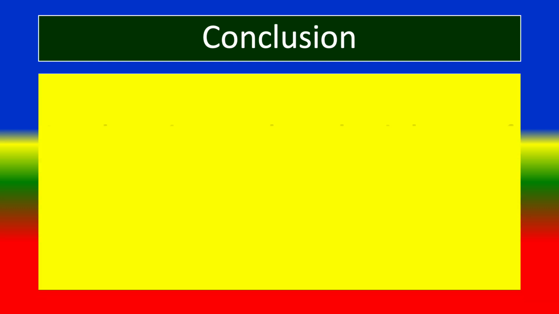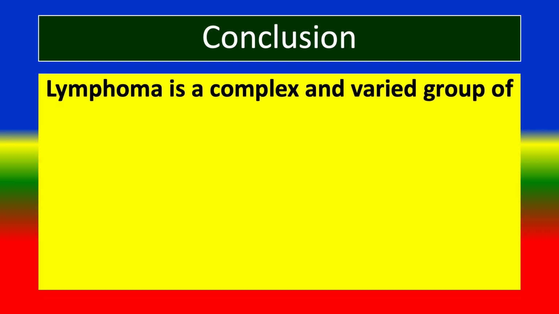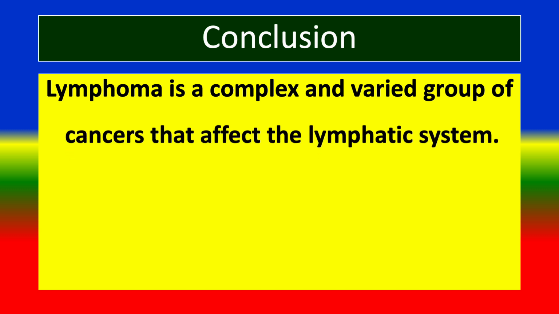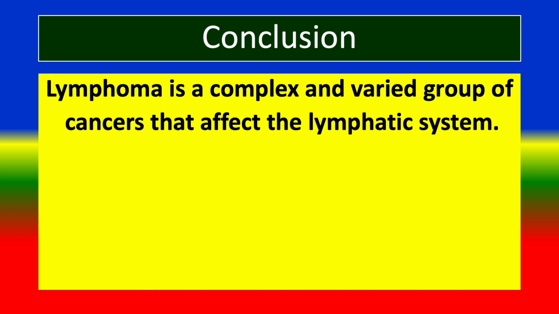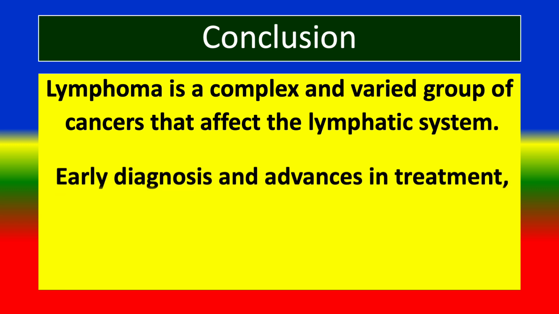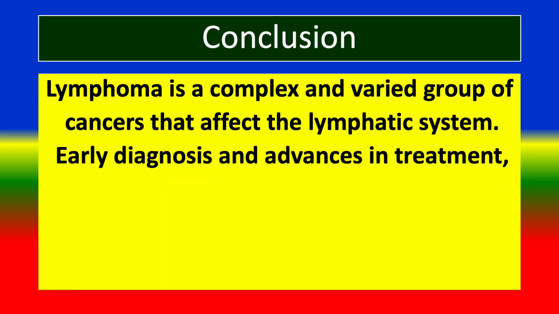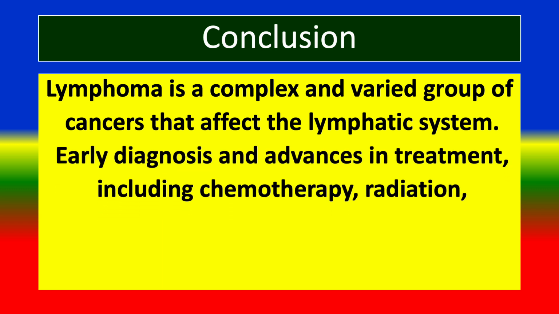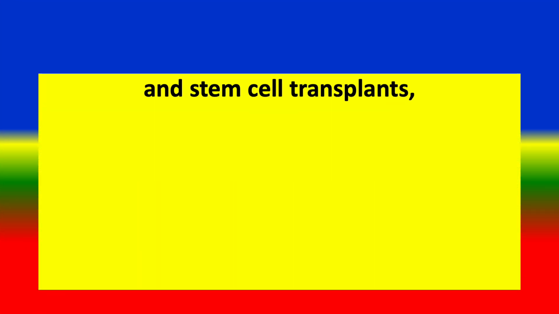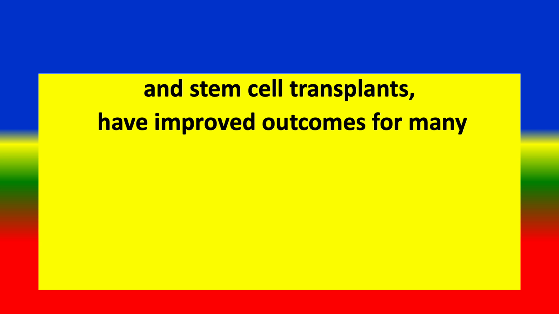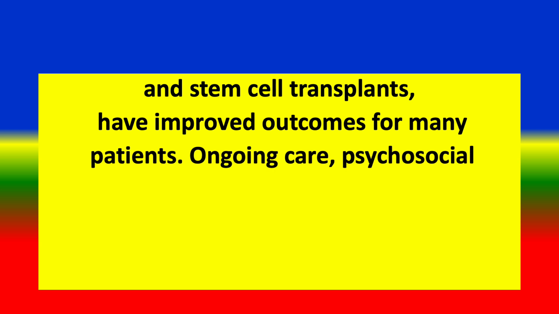Conclusion. Lymphoma is a complex and varied group of cancers that affect the lymphatic system. Early diagnosis and advances in treatment, including chemotherapy, radiation, immunotherapy, and stem cell transplants, have improved outcomes for many patients.